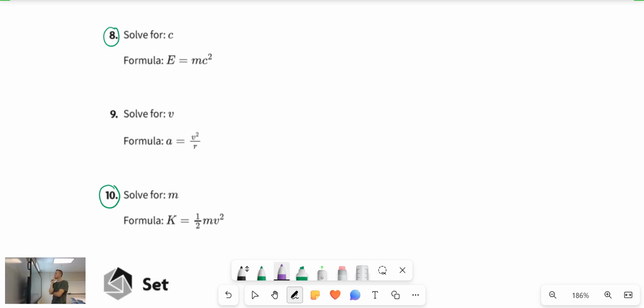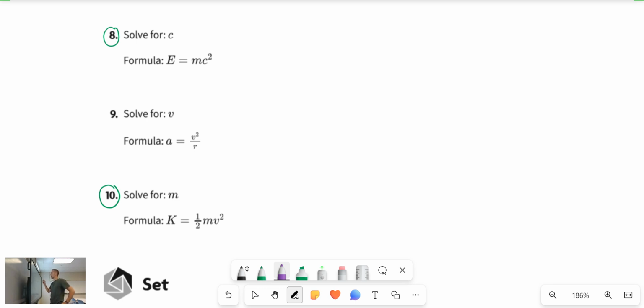E being energy equals mass times the speed of light squared. Is that right? E equals mc squared, I believe that's correct. The speed of light squared is very, very fast.